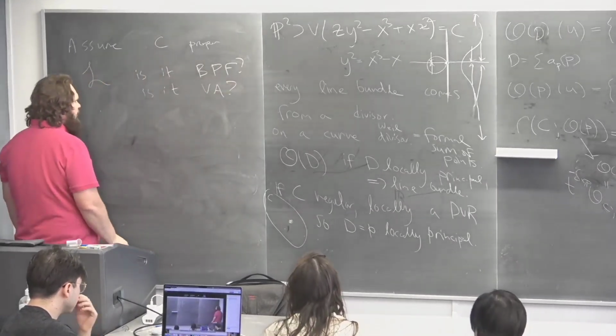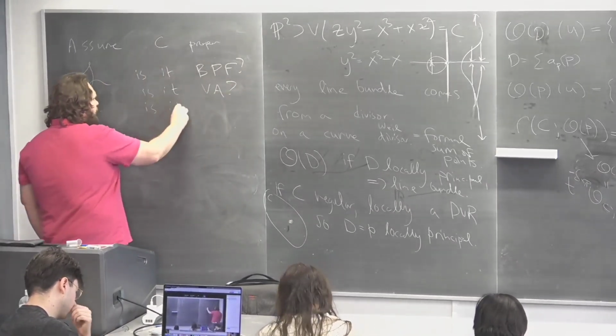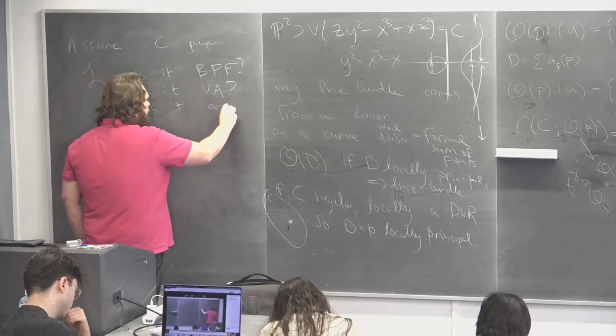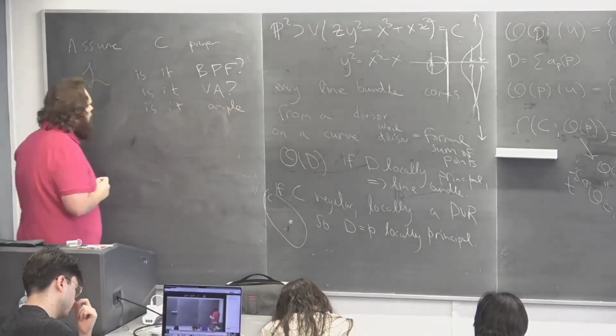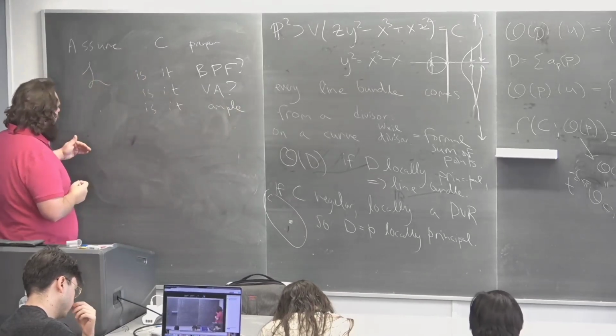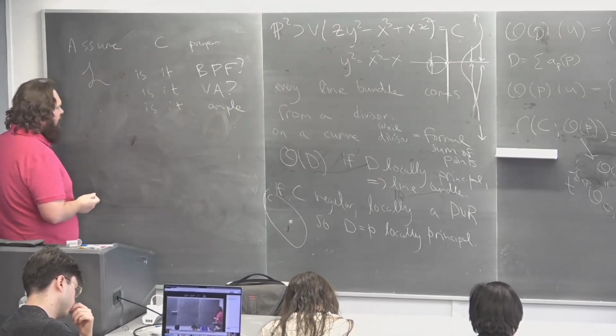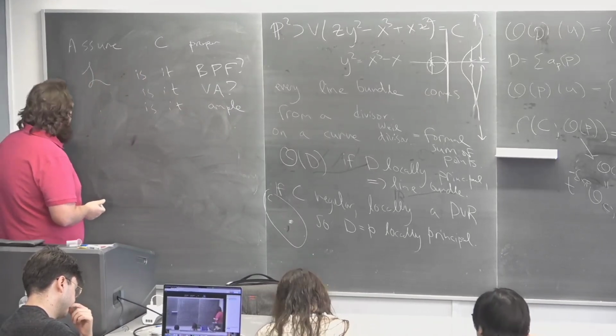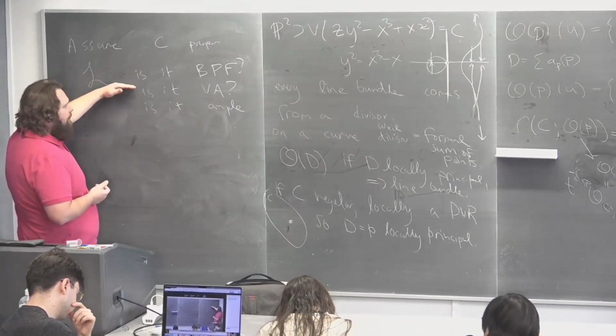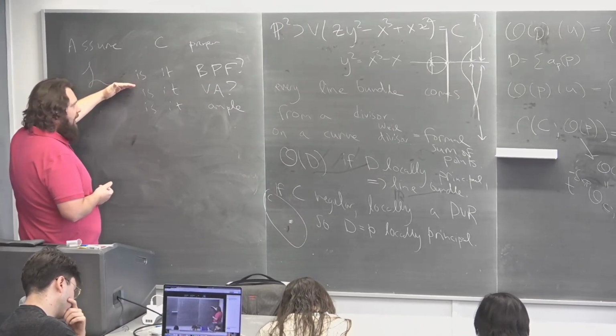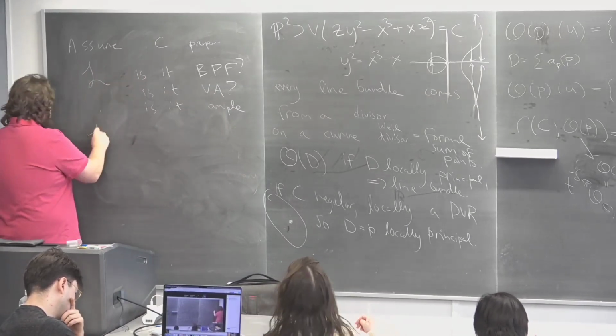And of course, if I know the answer to that question, I can then later figure out, is it ample? And there are nice ways of thinking about this criterion of being base point free and ample. What does it mean that I'm base point free? It means that I have a section that's non-vanishing at every point.